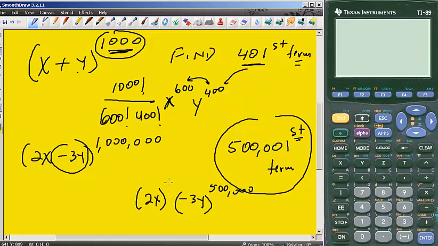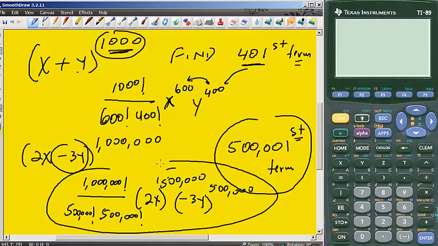So what will be the power on the 2x? 500,000 also, because these two have to add up to what? 1,000,000. So what's my factorial in the front? 1,000,000 factorial over 500,000 factorial times 500,000 factorial. And there's that term. So that means you can find any term you want.